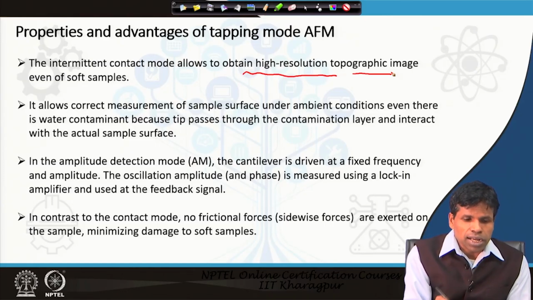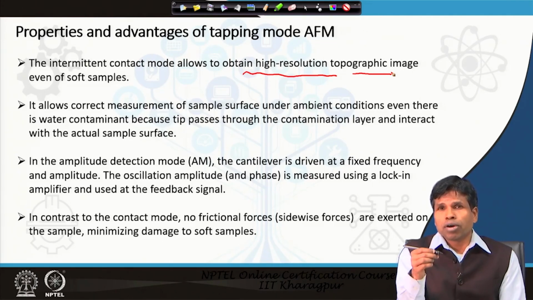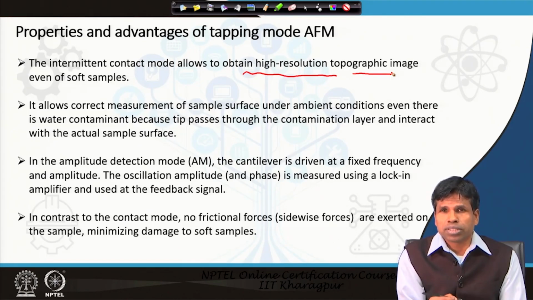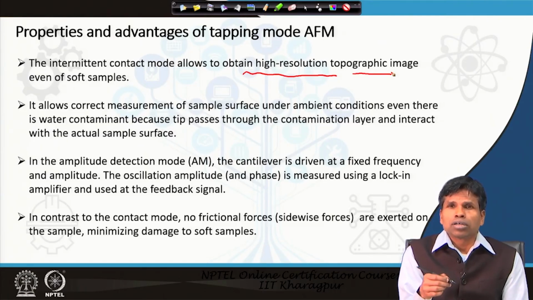The second thing is that it allows correct measurement of the sample surface under ambient conditions. Contact mode allows correct measurement under ambient conditions because the tip touches the sample, but in non-contact mode the tip is away from the sample, and therefore there is a water layer or liquid layer on the surface. If there are contaminants on the surface, we actually measure the properties of those contaminants, or the force due to those contaminants, rather than the actual surface force, and thus do not get the correct information of the actual sample surface.